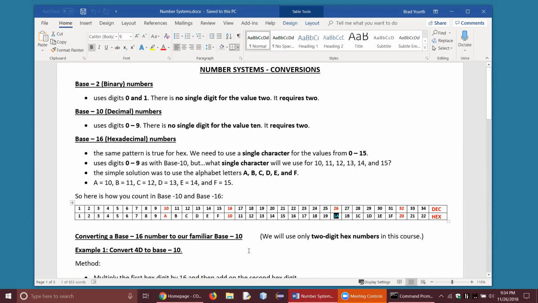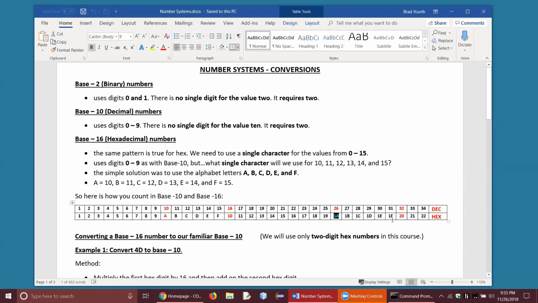We know that in base 10, the number, say 45, means 4 times 10 plus 5, right? Well, 1A in hex means 16 times 1 plus A. And of course, 16 times 1 is 16. A is 10. So 1A is the same thing as 26 in base 10. As long as you understand that, just multiply that first digit by 16, and you can understand how to convert from hex to base 10.